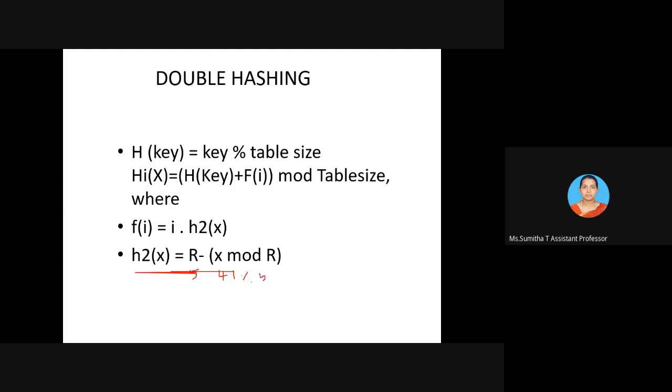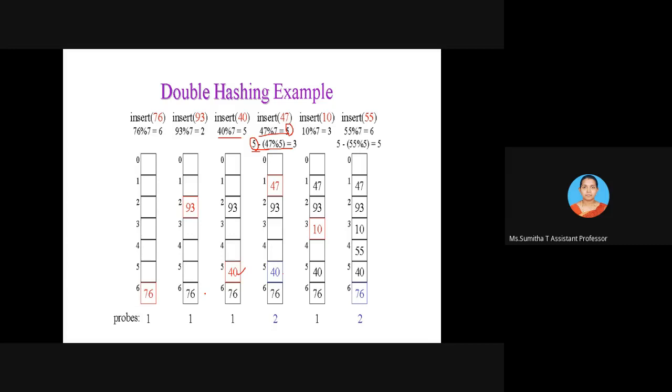What is the answer? Students, 47 mod 5. What is the answer? 2. So here the R value is 5. So 5 minus 2 is 3, right? So I'm going to insert the particular element. Okay, now my value is 3.